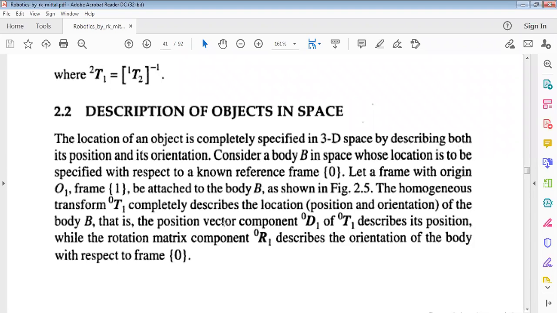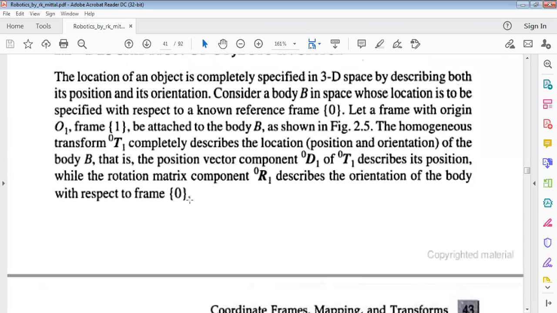So how do we describe that object in 3D space? The location of the object is completely specified in 3D space by describing its position and orientation. Only by its position and orientation can we say that the object is specified fully or completely.